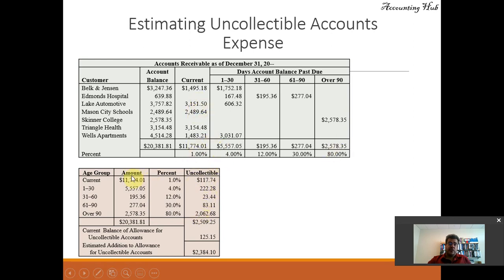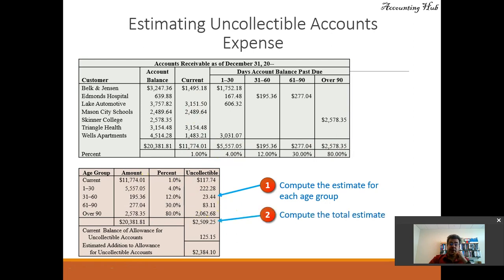Okay, so this total times this 1% is the uncollectible. So we compute the estimate for each age group, compute the total estimate, compute the addition to the allowance account. Let's check how it works better.